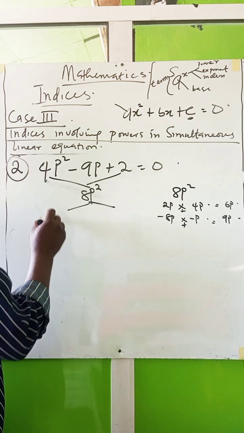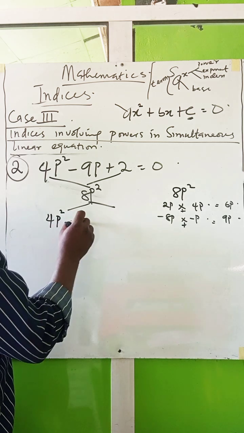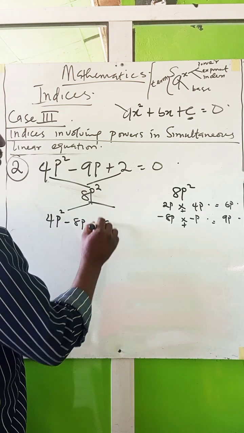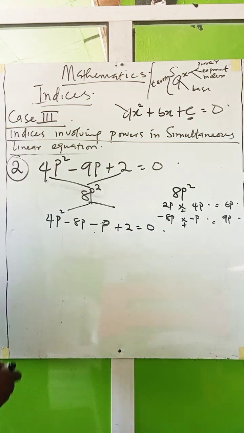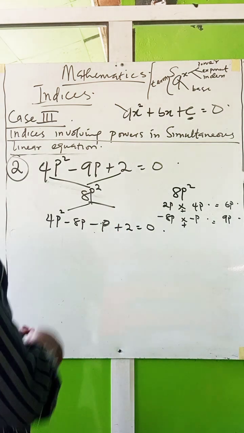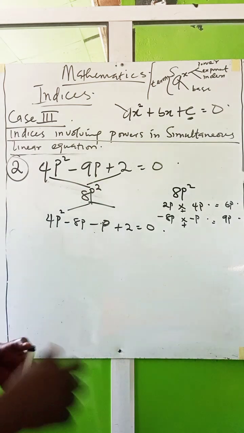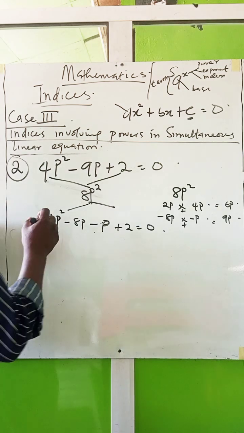So this is 4p squared minus 8p minus p plus 2 equals 0. Minus 8p minus p gives us 9p. So, replacing it, for us to be able to factorize this, we group it.